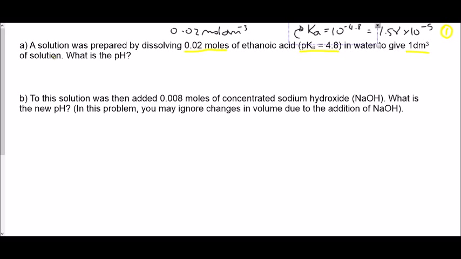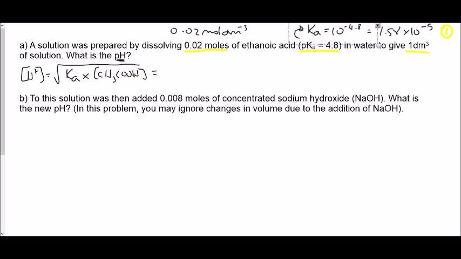Then we're going to come down to the rest of the question. So it's asking us to calculate the pH. We'll notice in part A that we've been asked about ethanoic acid. There is no mention of a salt or a conjugate base, so this part of the question is about a weak acid. If we've got a weak acid and we want to find the pH, then we use the square root equation to find the concentration of H+.